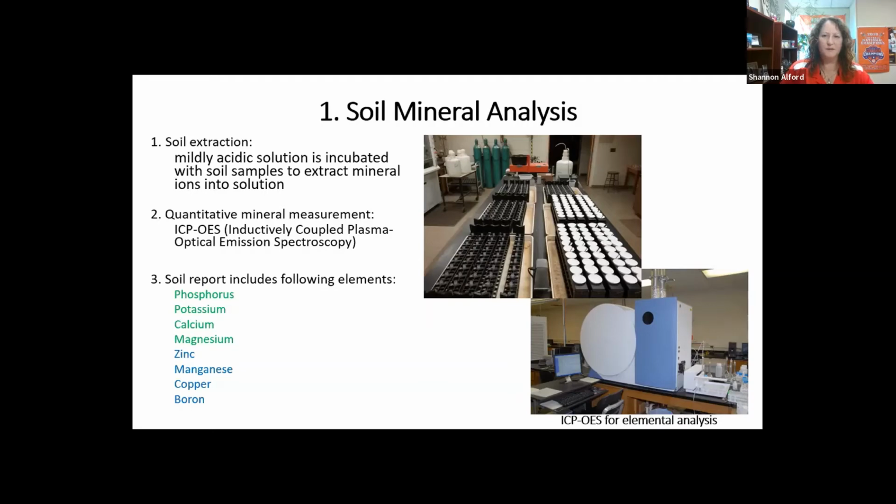That's why we do that conversion from the number that we collect, so that you can make use of that information. The soil report includes the following elements that Amy listed out for you. Those are the ones I mentioned we're measuring simultaneously on that instrument, so that you can see exactly what's in your soil and know where to go from there.